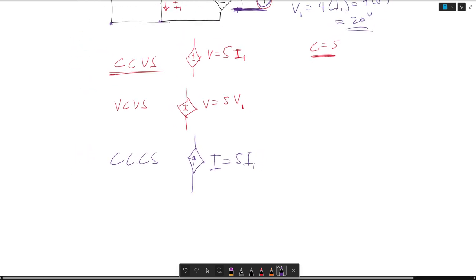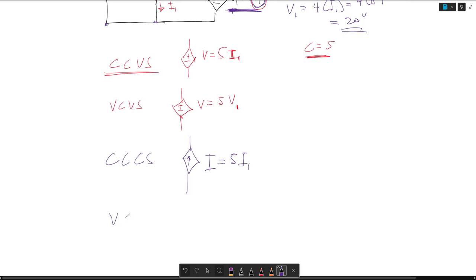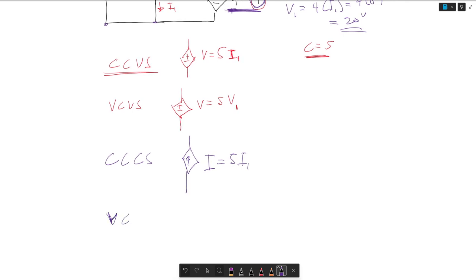And lastly, we can have something called a voltage controlled current source, which looks like this, where the current source is 5 times V1.